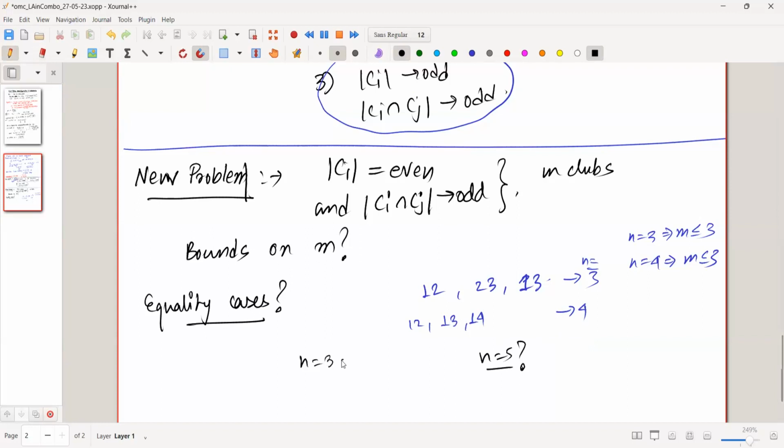We can always do {1,2}, {1,3}, {1,4}, {1,5}. Okay, that gives me 4. Can you do any better?